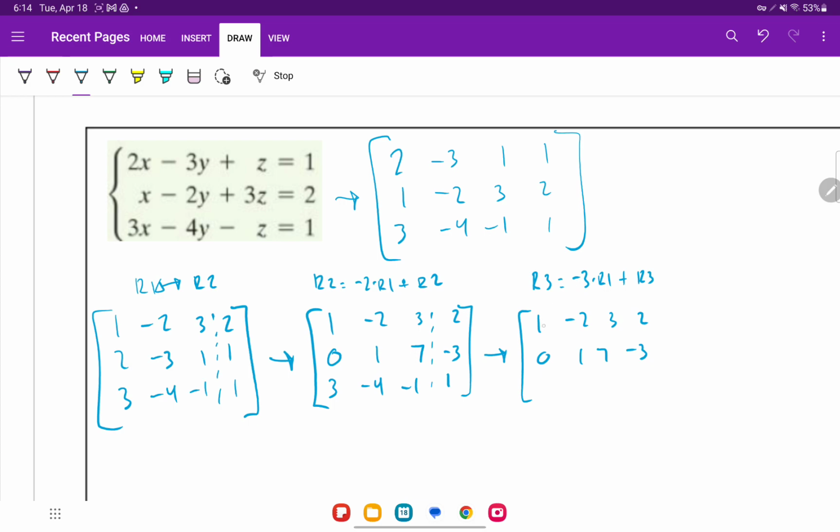So -3 times 1 is -3. -3 plus 3 is 0. -3 times -2 is 6. 6 minus 4 is 2. -3 times 3 is -9. -9 minus 1 is -10. -3 times 2 is -6. -6 plus 1 is -5.